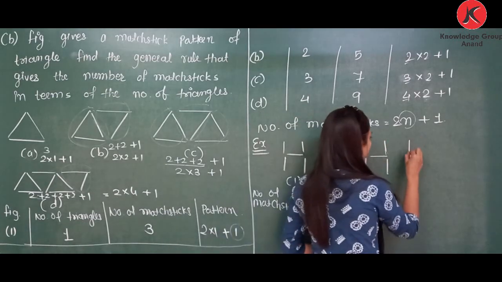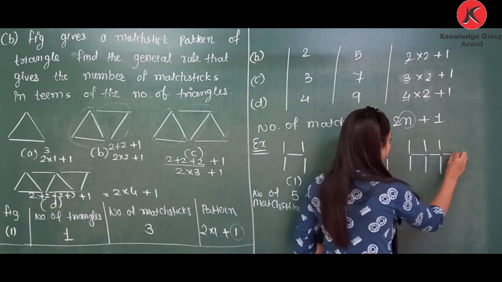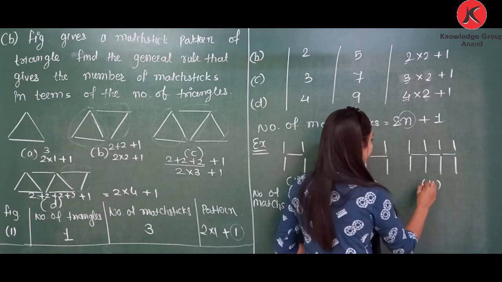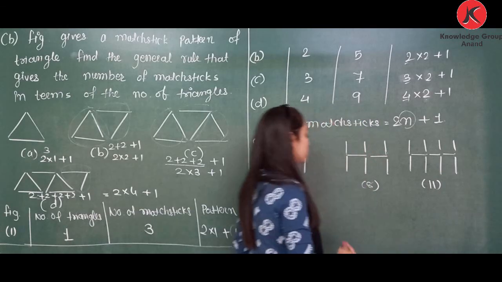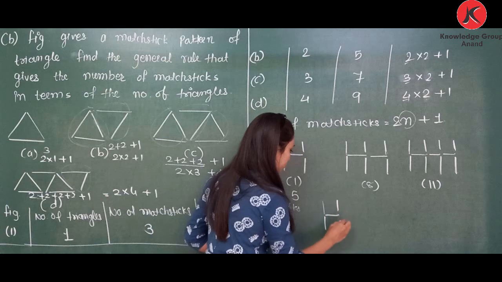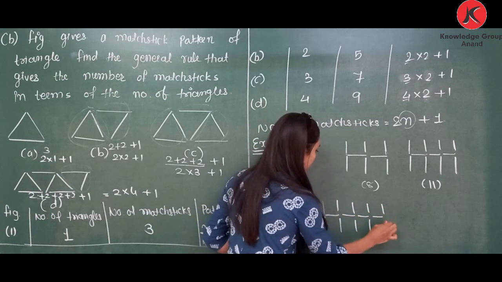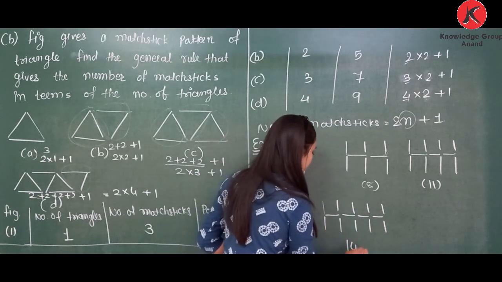For the third one, again we need to add 3. So it is 11 matchsticks. 5 plus 3 plus 3, that is 11. Now for the fourth one, again we need to add 3 more, so it is 14 matchsticks.